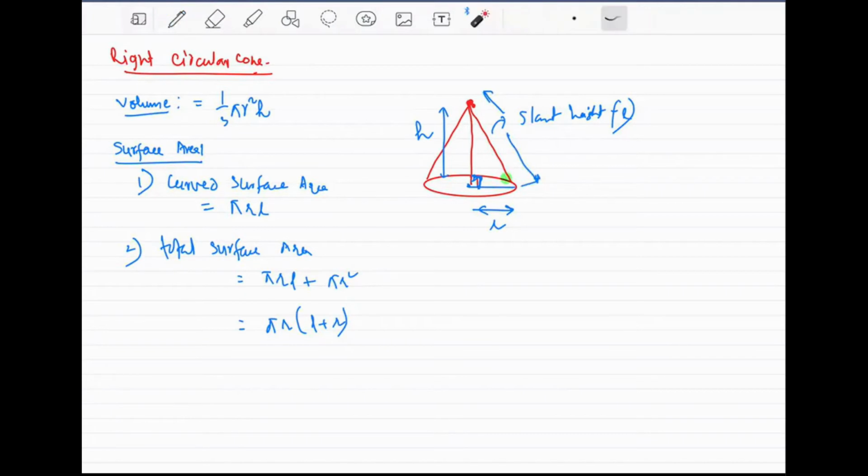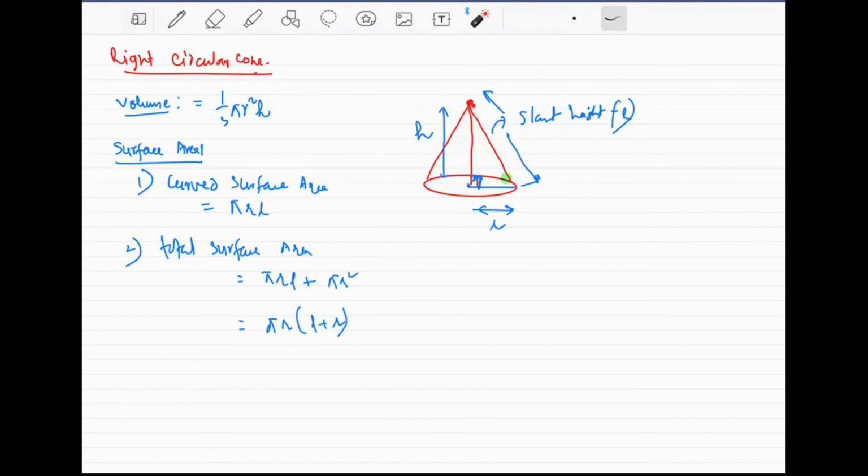So for these three, L, H, and R, what's the relation? This is a right angle triangle in itself, right? That means we can apply the Pythagoras theorem. This is the hypotenuse, then perpendicular, and radius.